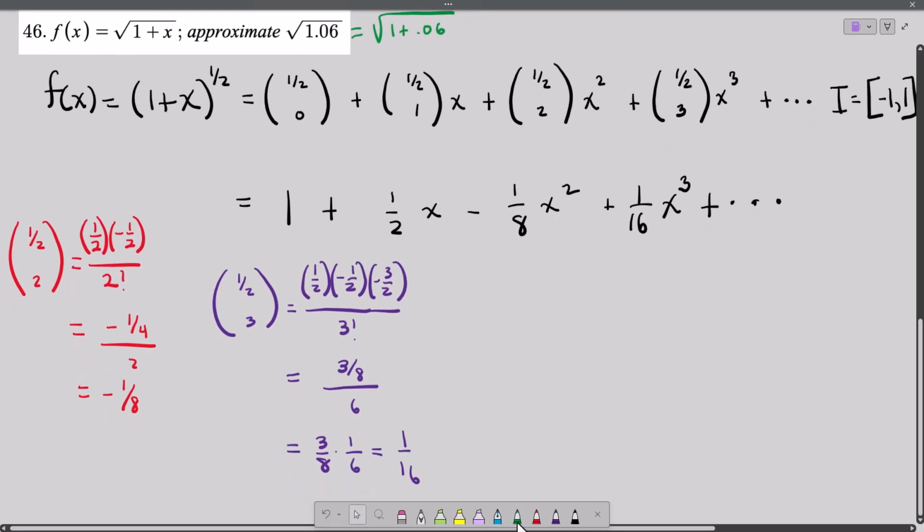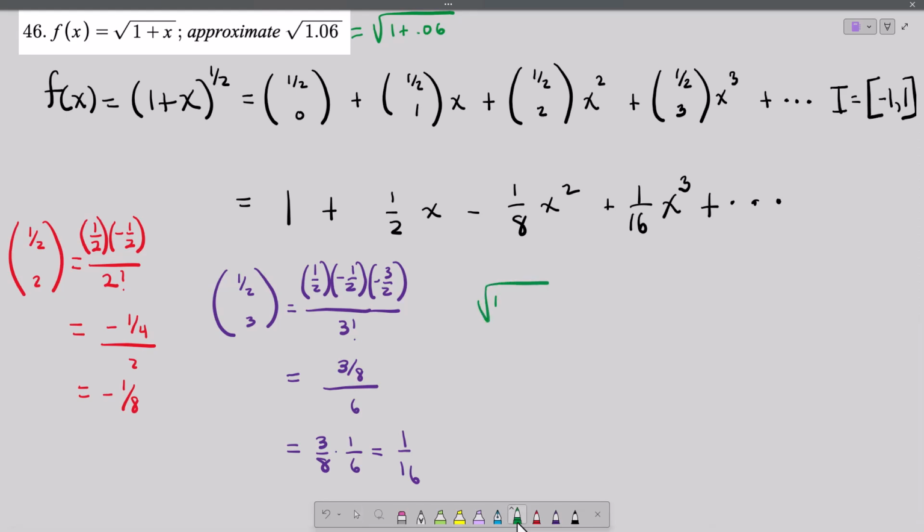So our approximation, we would say that the square root of 1.06 is approximately equal to 1 plus 1/2 multiplied by 0.06 minus 1/8 times 0.06 quantity squared plus 1/16 times 0.06 cubed. So that's going to be our approximation. So if you type that into your calculator, if someone has a second to do that, that will be our approximation, whatever that turns out to be.